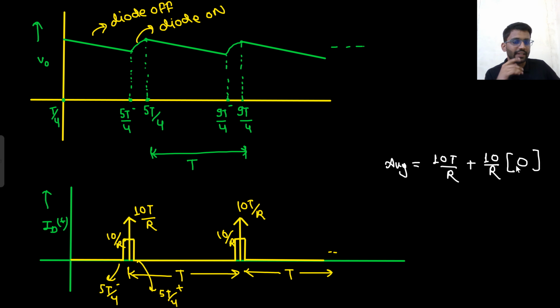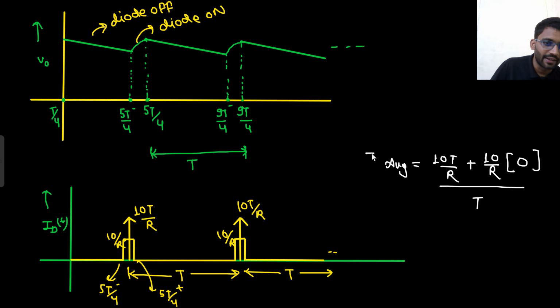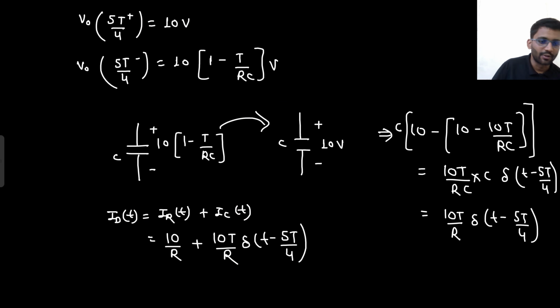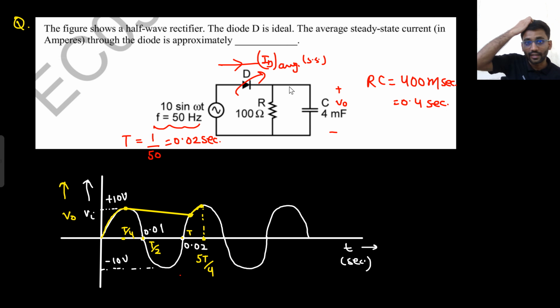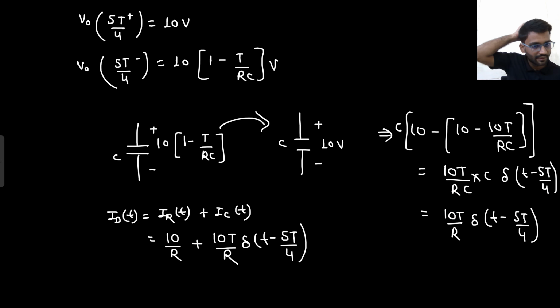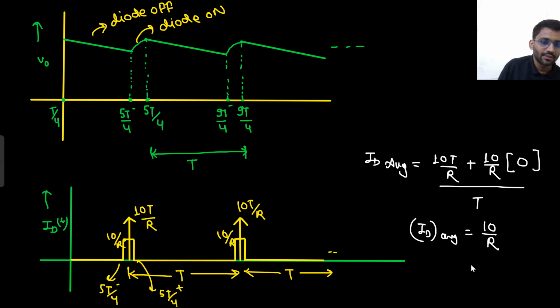So 10 by R into 0, divided by the total time period. So what is ID average? ID average is 10 by R. The value of R given is 100, so that will be 10 by 100. So the answer is 0.1 ampere.